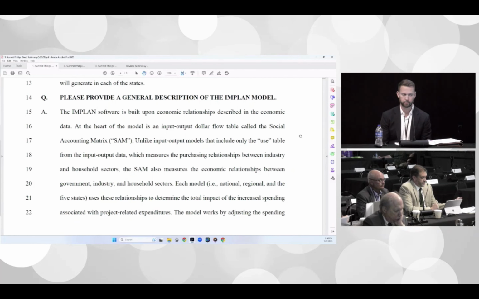Wouldn't you agree that the benefits estimated for this project through the IMPLAN model would also be produced by other large industrial projects? Yes. So in terms of the model, a similar large capital expenditure would generate a similar estimate of economic activity.